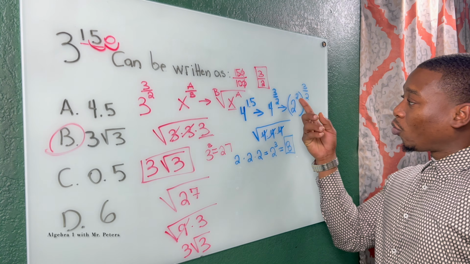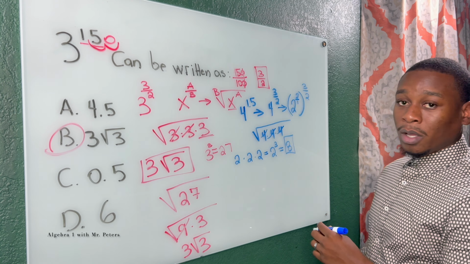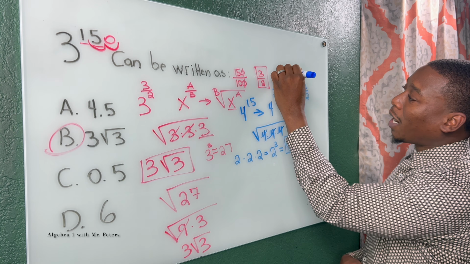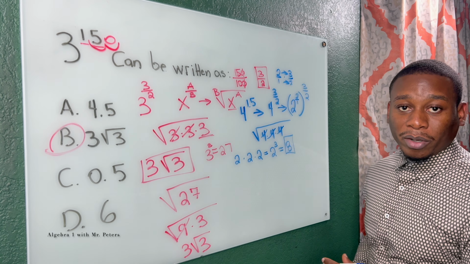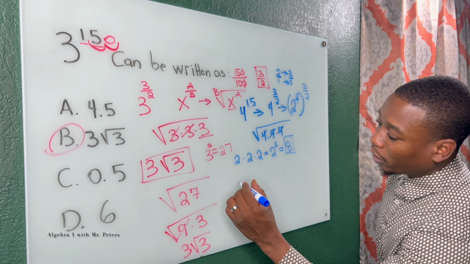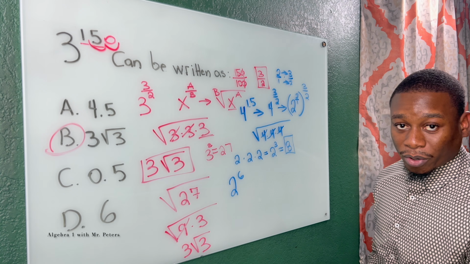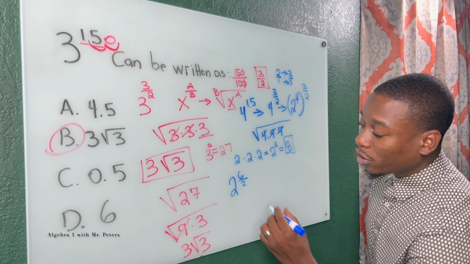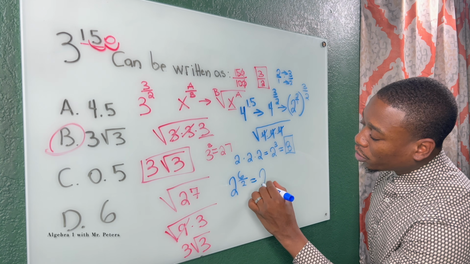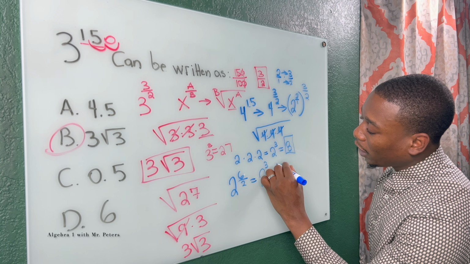Now remember, we're multiplying a whole number by a fraction, so we could put this over 1, multiply top by top, bottom by bottom. So when I simplify this, what I'm going to get is 2 to the 6th power, 2 to the 6 over 2. Now when we simplify this fraction, this is equal to 2 to the third power, which is equal to 8.